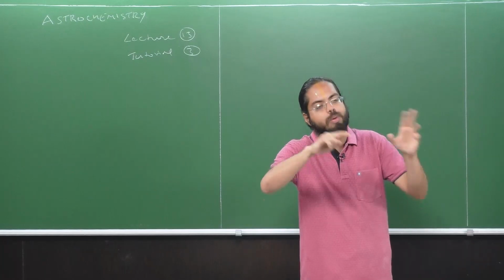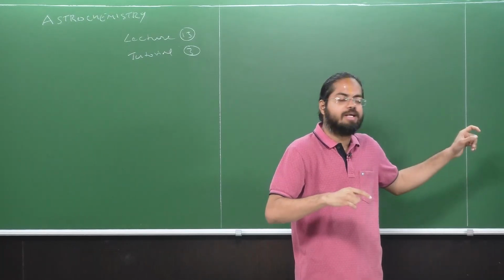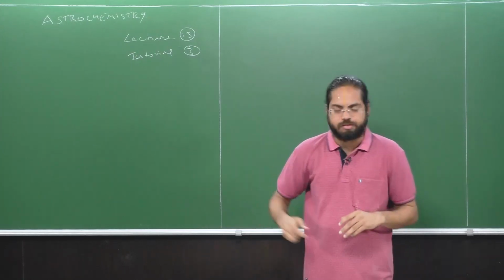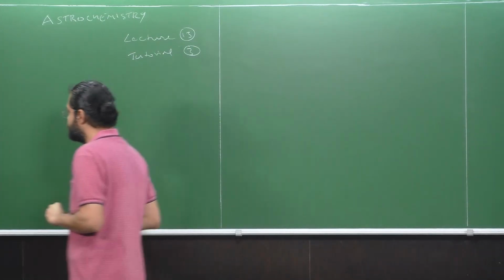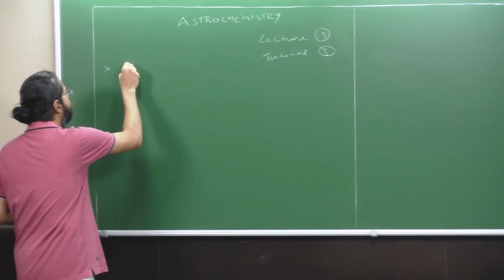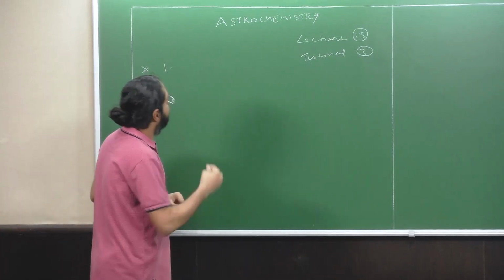So we shall be continuing with our discussion on the validity of the ideal gas law for different regions of the ISM in this tutorial. If you recall, this is going to be the first question for this tutorial.